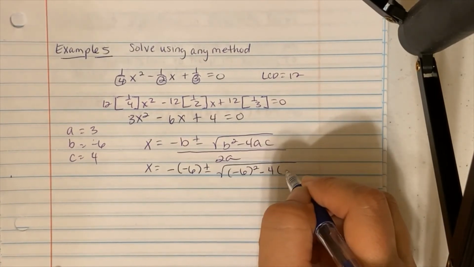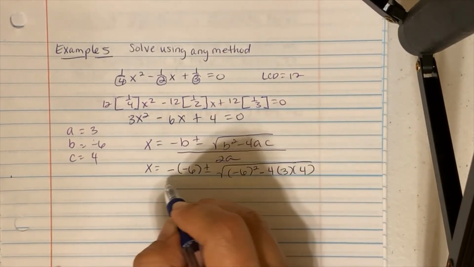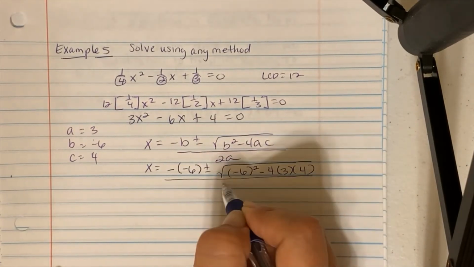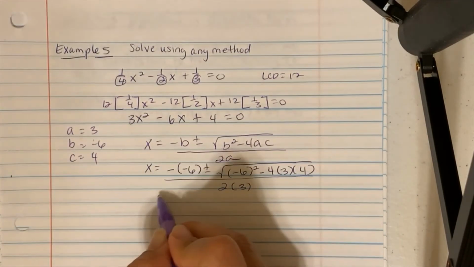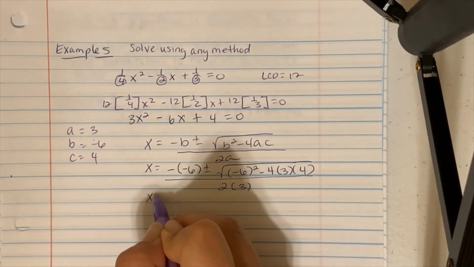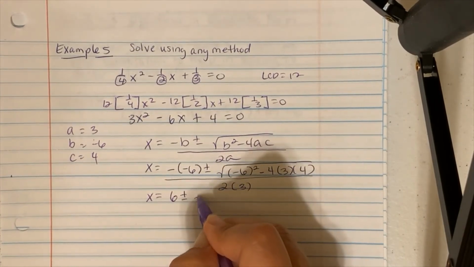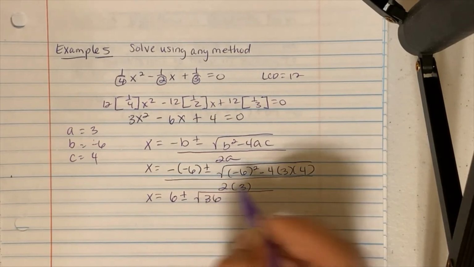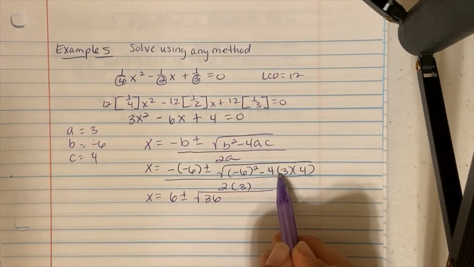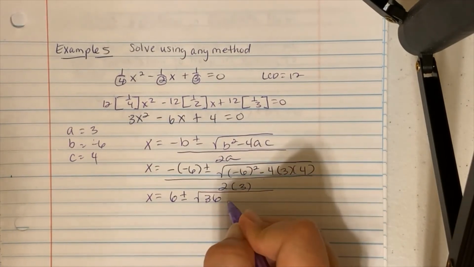So it's minus 4 times 3 times 4, all over 2 times 3. Simplify your math here. So we have x equals a negative and a negative makes it +6, plus and minus. So -6 squared is a +36. And then we see -4 times 3, that is -12. And -12 times a +4 is -48.